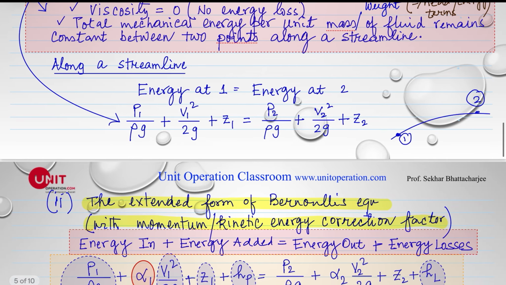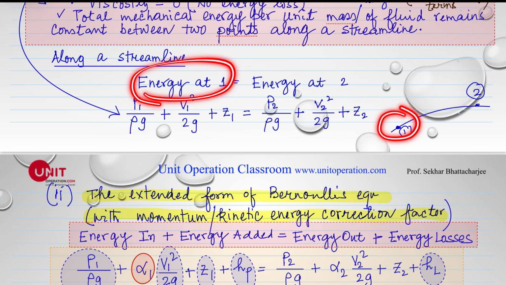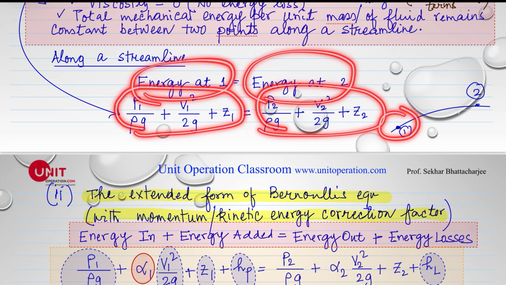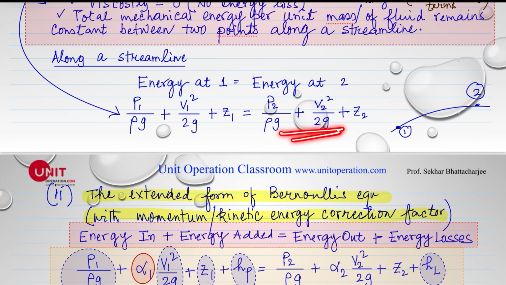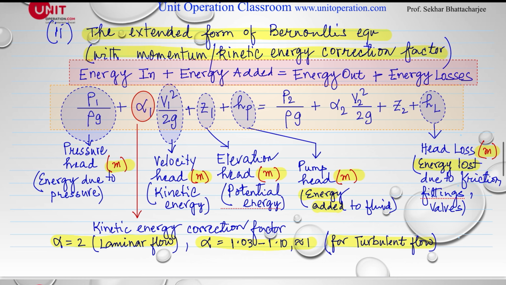So we can say along a streamline, if there are points 1 and 2, energy at point 1 must be equal to energy at point 2. So this is what it is. But as you can see, there is no viscous effect or viscous loss term included in this one. So in the extended form of Bernoulli's equation, which we as engineers use because we cannot use that ideal Bernoulli's equation, we have to make some modifications.